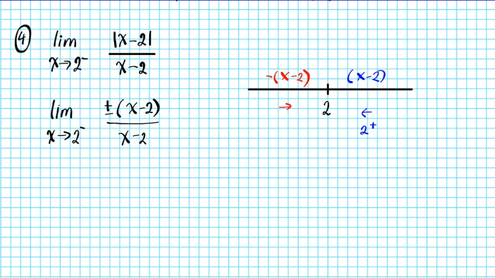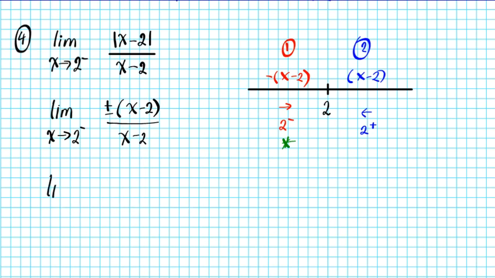If we're approaching 2 from the left, we're going to take the negative component. Okay? So since we're approaching 2 from the left, this is the scenario that we're looking at right here. Imagine this as interval 1 and interval 2. So we're coming from the left, we're going to take the negative component. Alright, so we're going to pick the negative one.